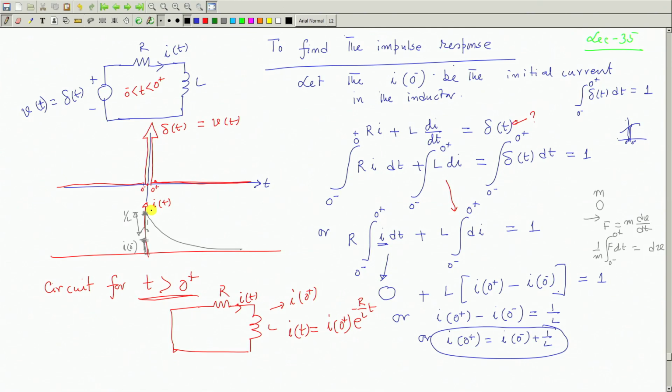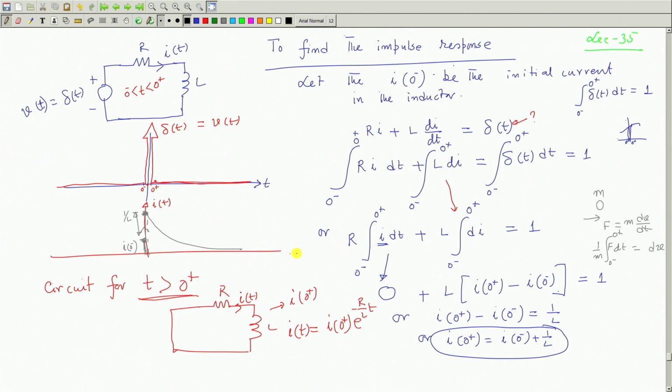What happens? We want to know the current for time t greater than 0. For t greater than 0 plus there is no excitation; the impulse came at around t equal to 0 and then vanished.